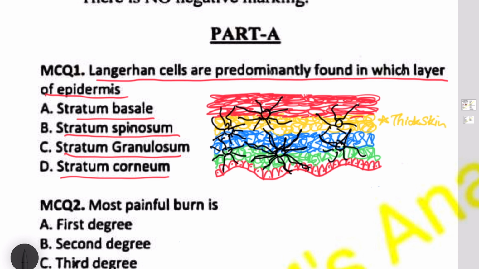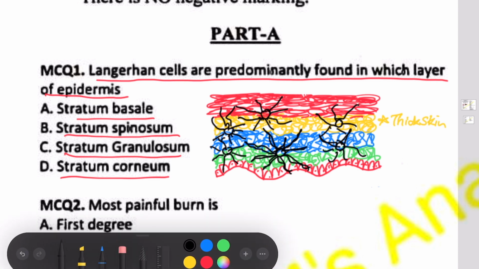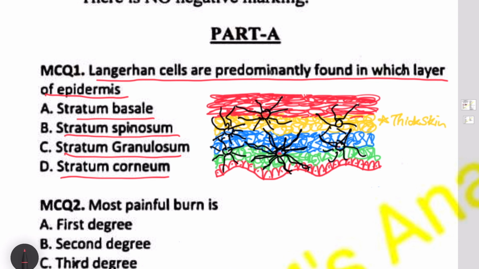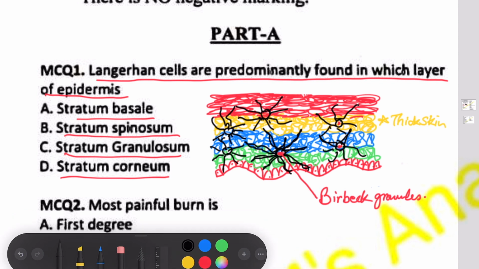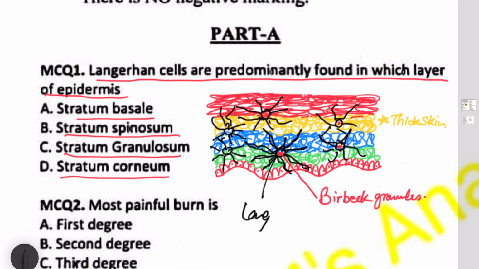One important thing is that in these cells you find granules. These granules within the Langerhans cells are called Birbeck granules. Birbeck granules are a feature of Langerhans cells.